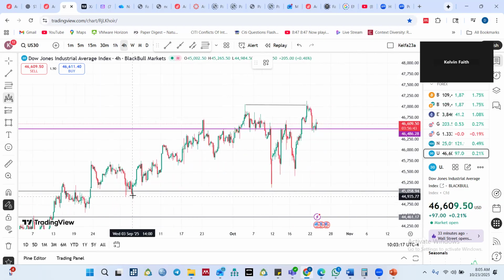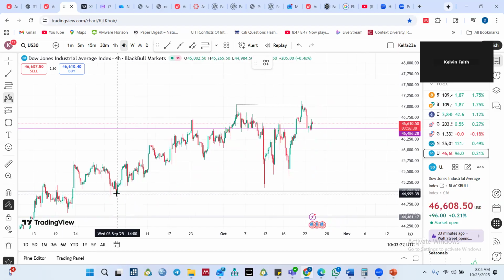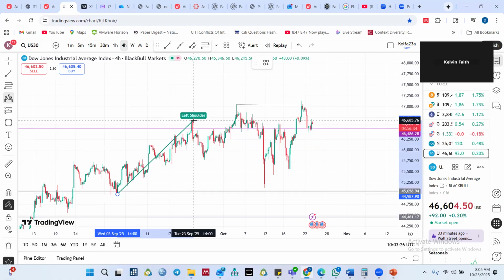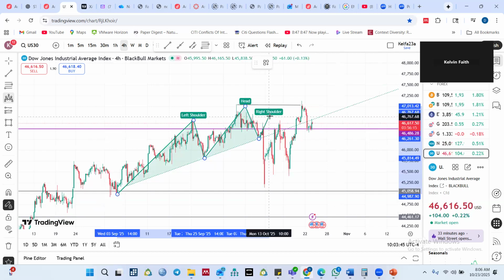So what I'm saying is I can see we are having a high, lower high, we have a higher high, and price drops to test here, and then we should get a right shoulder so that we can have a drop.